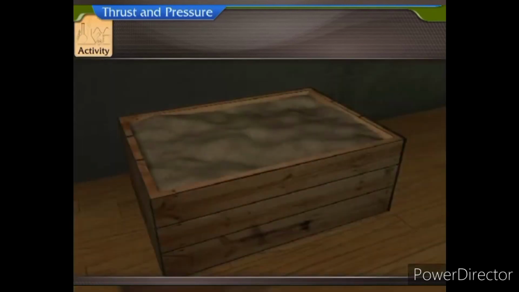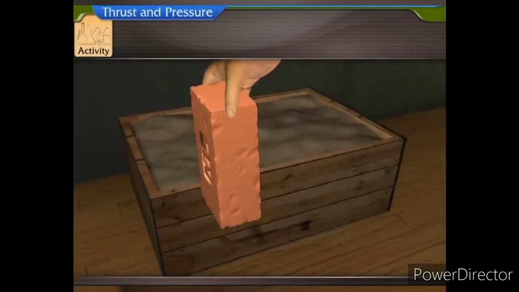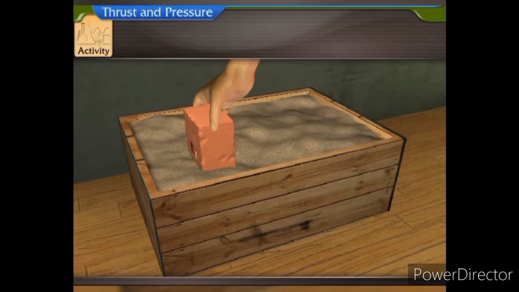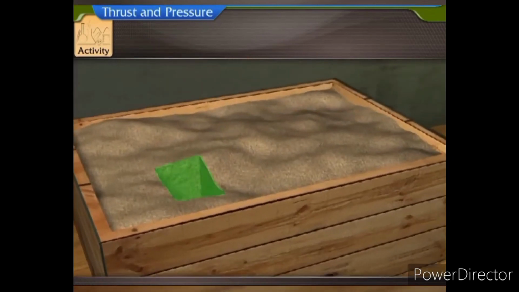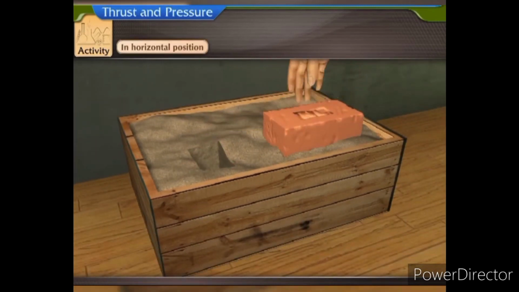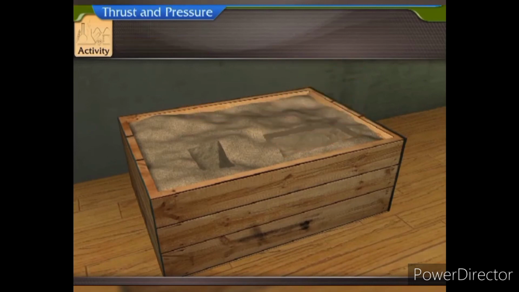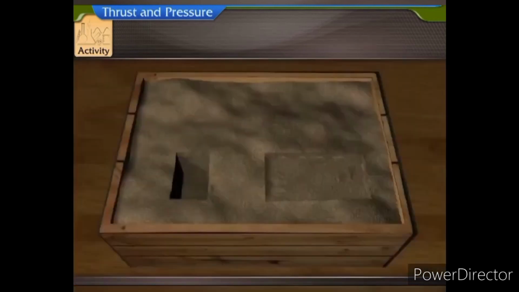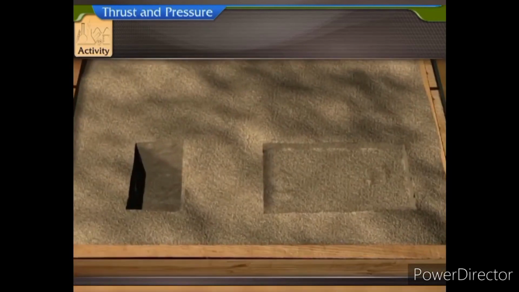Activity 2. Take a brick, keep it vertically on a sand bed. An impression of the brick will be seen on the sand bed. Now keep the same brick in horizontal position on the sand bed. You can see the impression in this case also. What difference do you notice?